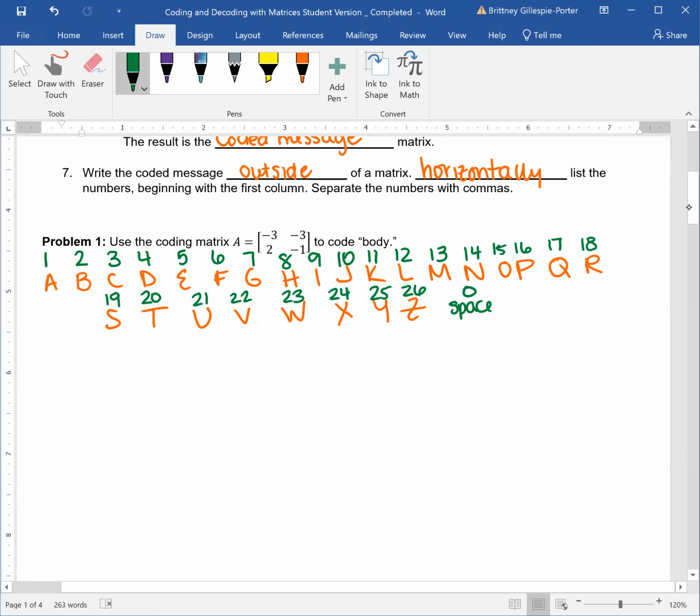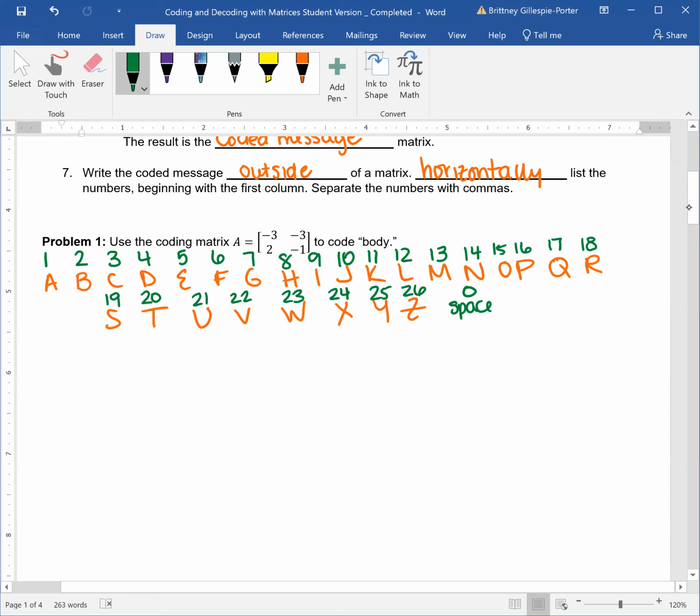Okay, all right. I know I gave you all the steps up above, and it probably sounded like Charlie Brown's teacher going, wah, wah, wah. So let's try to make some sense of this. Step one, they gave us the coding matrix. So they told us what A was. Step two, we need to assign numbers to the alphabet.